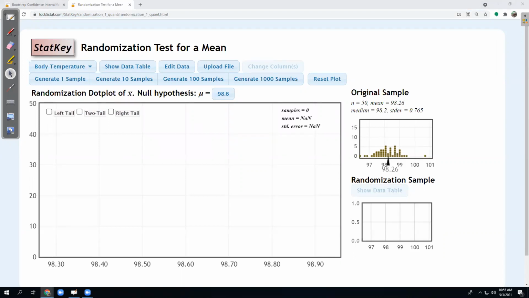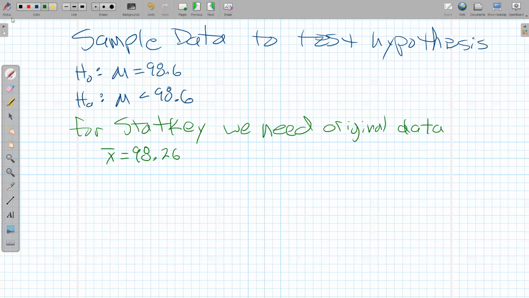Now, the difference between a hypothesis test and a confidence interval is that with a confidence interval, everything's centered on the data. In a hypothesis test, everything is centered on the population. So we're running a hypothesis test, and that's going to be centered on the population null hypothesis.